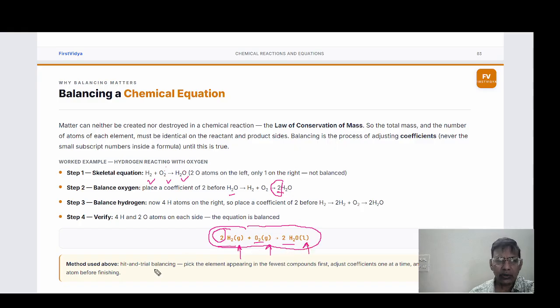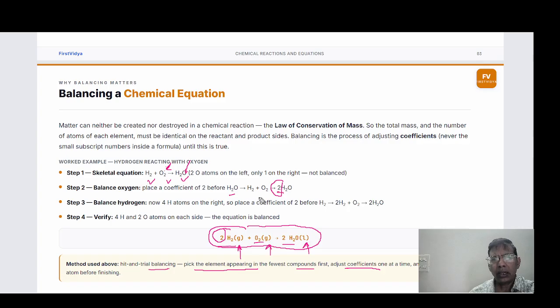The method used above: there are several methods to balance chemical equations, but here we are using hit and trial balancing. Pick the element appearing in the fewest compounds first, adjust the coefficient one at a time, and recheck every atom before finishing.